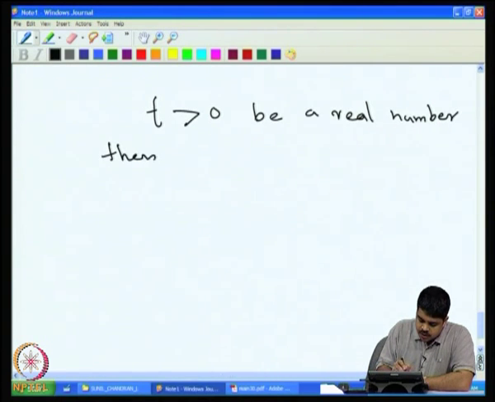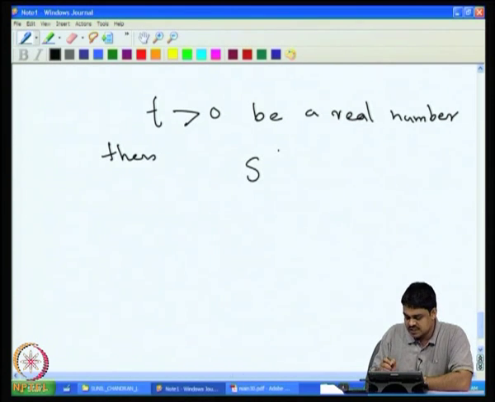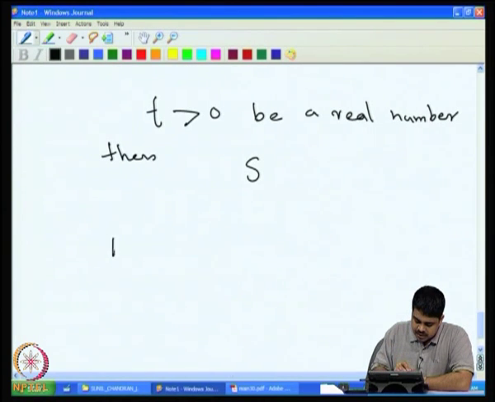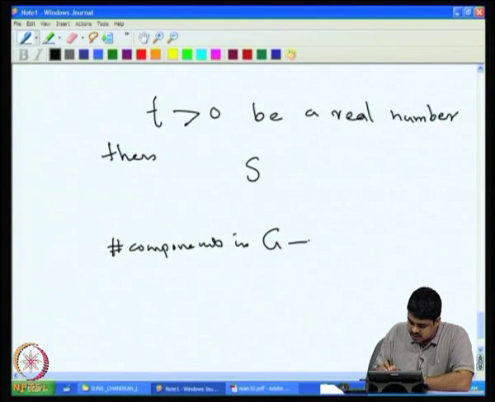Then you can ask, suppose I remove S, S being the set of vertices I remove from the graph, any set which you remove, then can I guarantee that the number of components in G minus S is less than or equal to cardinality of S by t?